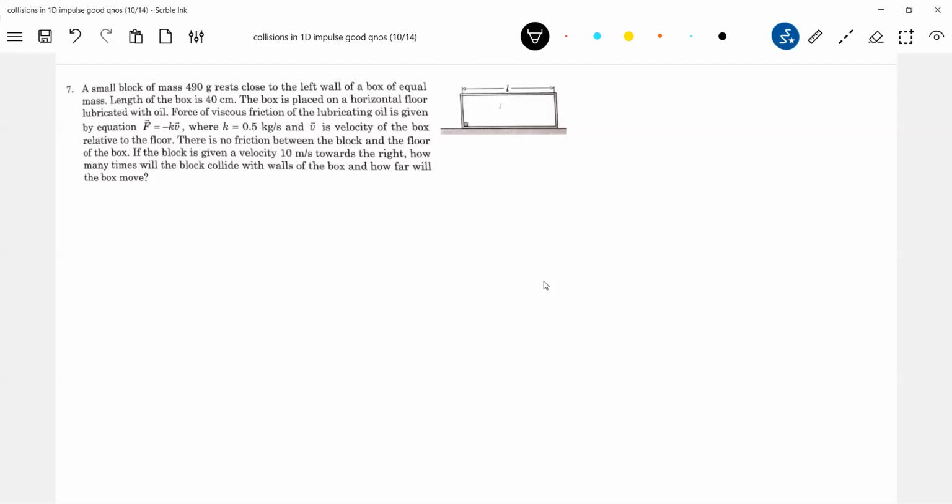Make things easier. Read the question. In the collisions, I'm bringing some friction concept. So this directly will take this.